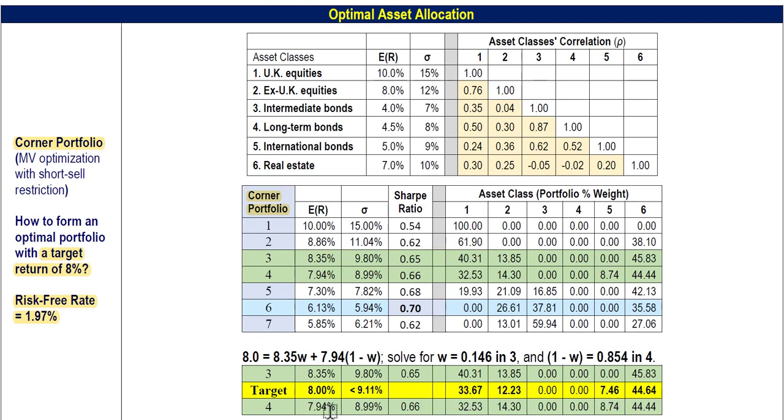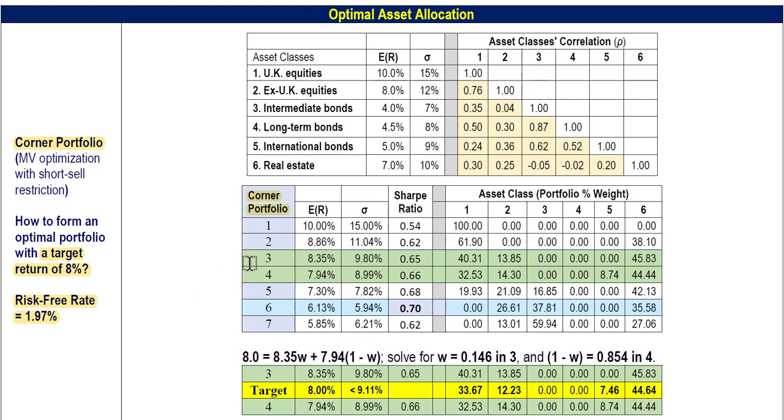So here it shows that if you want to have an 8% return, the best choice from the corner portfolio approach is putting 33.6% in asset class 1, 12.23% in asset class 2, 7.43% in class 5, and 44.64% in asset class 6. Right? So this is the corner portfolio approach.